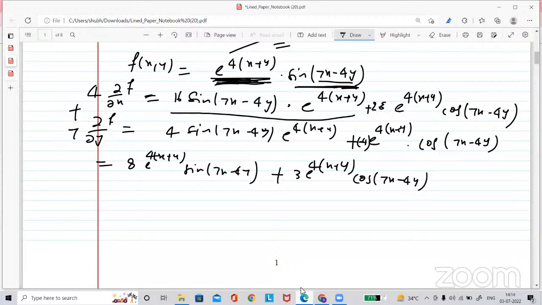We have to multiply. Now this is going to be 28, and this is going to be minus 28.